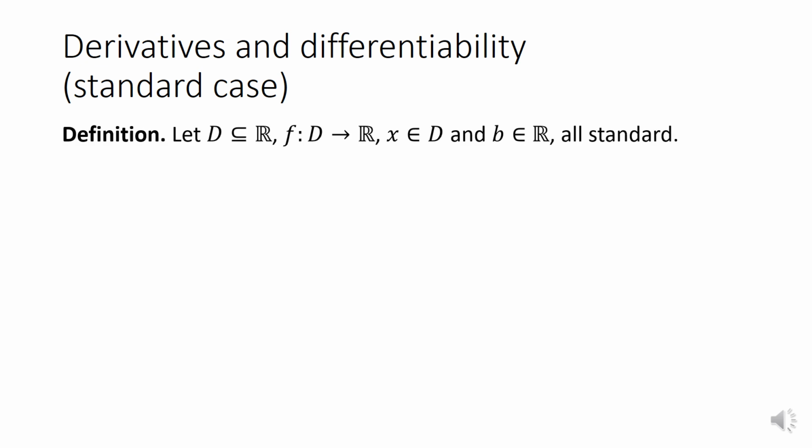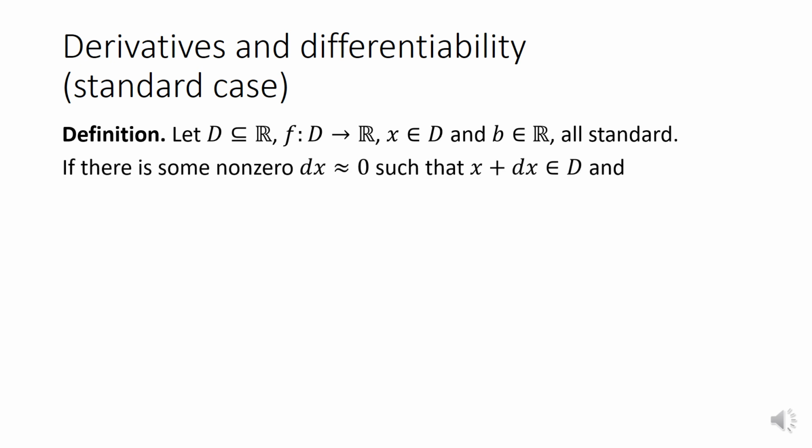This amounts to the following definition. Let D be a subset of R, f a function from D to R, x a member of D, and B a real number, all standard.